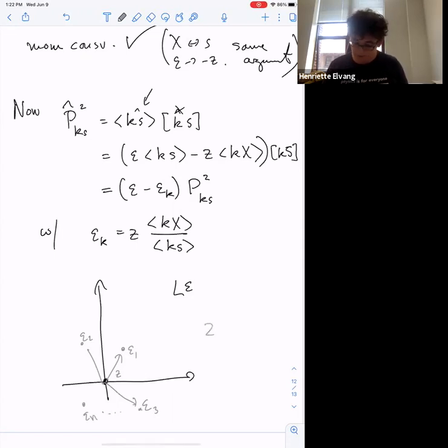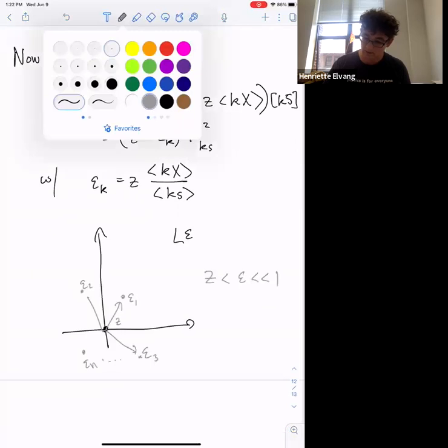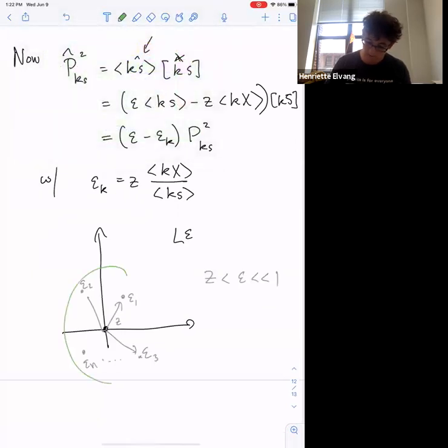And we'll be working in a regime where my z is less than epsilon, which is much less than 1. So we're looking at small epsilon and even smaller z, in such a way that what I'm interested in to extract the divergent part of the amplitudes, the epsilon divergent part, is a small region around the origin here. So I'm looking at a small region here.